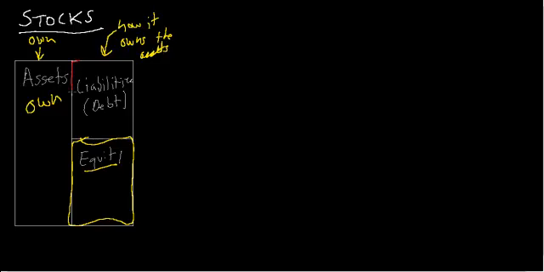You can either borrow to buy them, or you can raise money from selling equity, or selling equity ownership in the business, to buy them. And so a stock, this is where stocks come into play, falls down here in the equity piece.